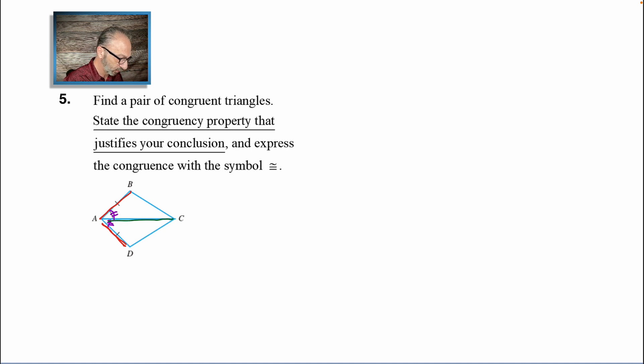So with that in mind, we could write that triangle ADC, going in that order, is congruent to the triangle ABC. Notice that we have to be consistent and write the letters in the correct order.